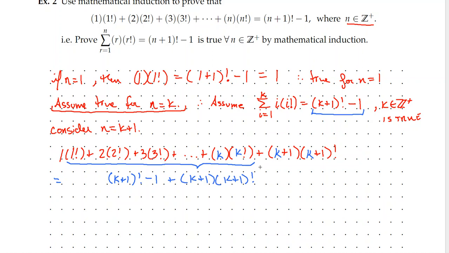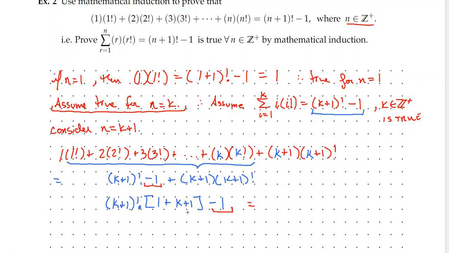If this is the case, we can look at this and see, hey, I've got a k plus 1 factorial in two terms here, so I could say that this is k plus 1 factorial times 1 plus k plus 1, and then minus 1. I still have this minus 1 term that needs to stick around.